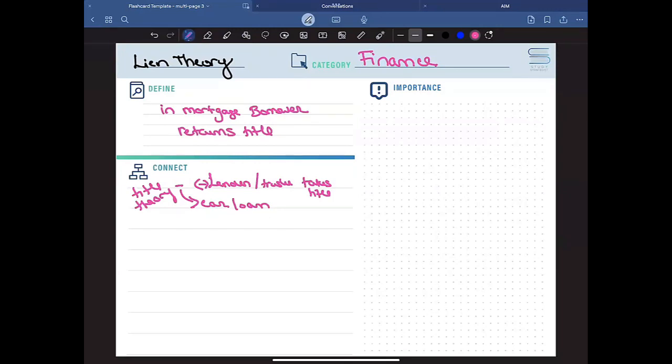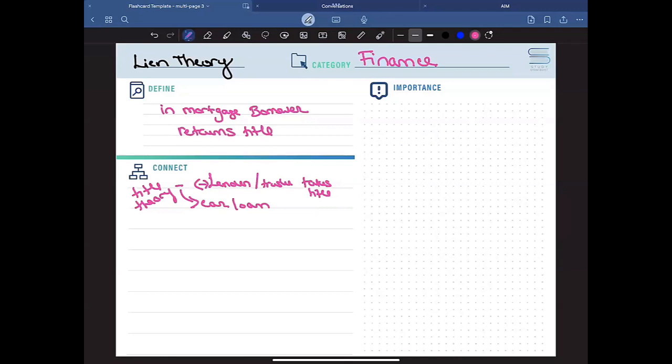Why is that important? I know I'm skipping to importance, but why would a bank maybe want to choose title theory over lien theory, or lien theory over title theory? Think about foreclosure. Would it have to do with their financial standing?